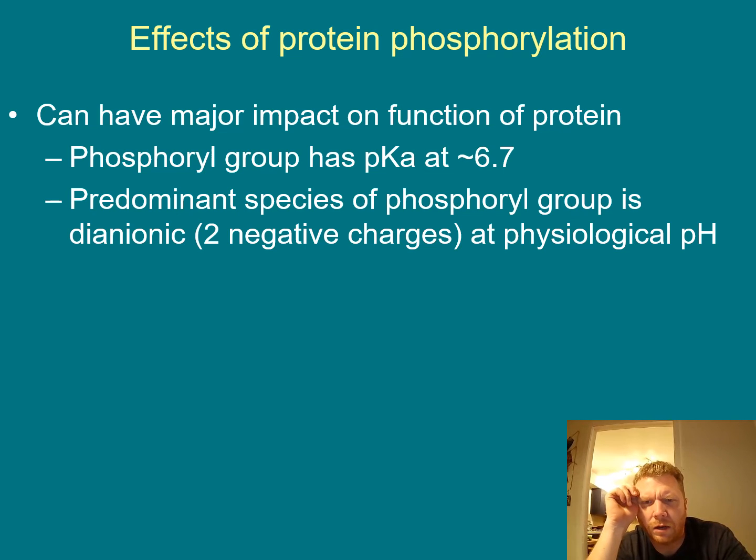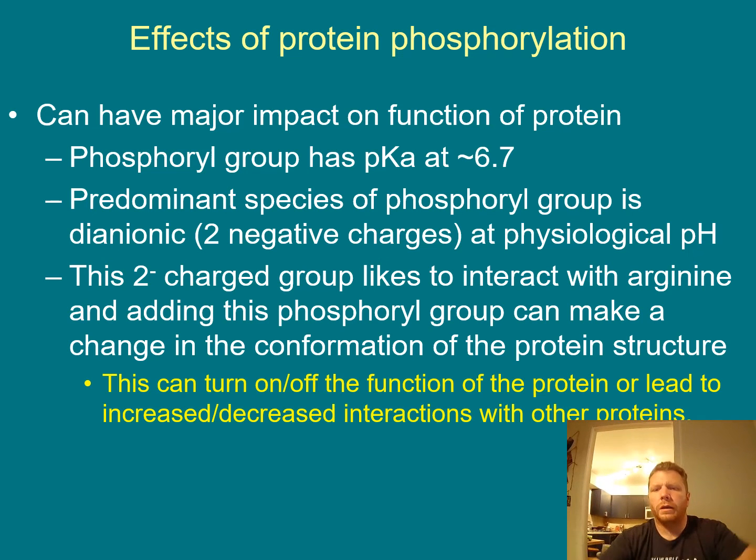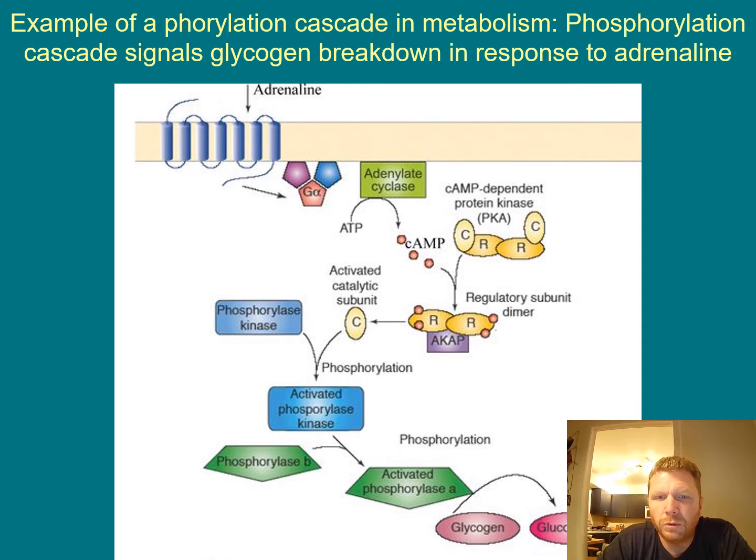So what's that going to attract? Cations. The -2 charge likes to interact with arginine residues, and adding this phosphoryl group can change the conformation of the structure of the protein. It might push some things out of the way. Like we said previously, it can turn on or off a function of a protein or lead to increased or decreased interactions with other proteins.